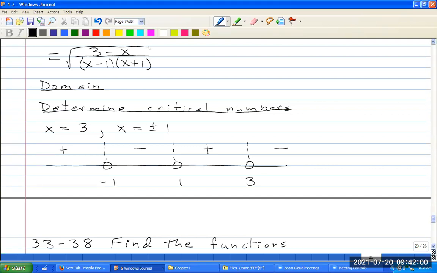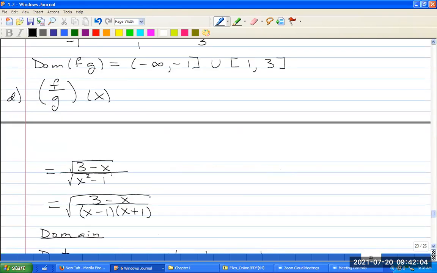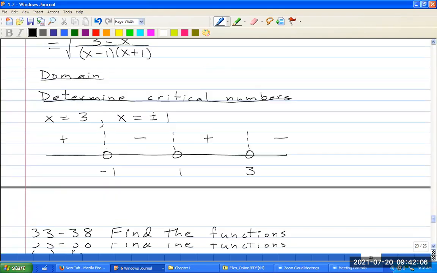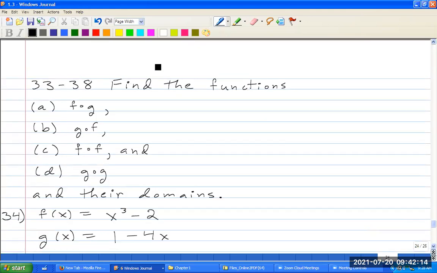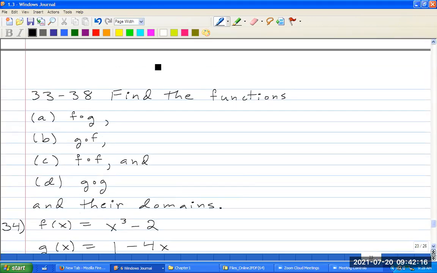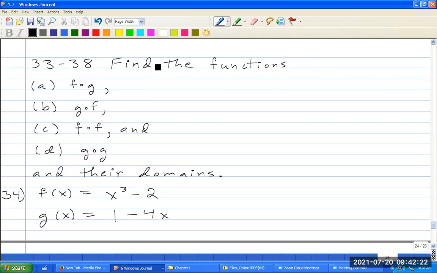We don't want to take the square root of a negative number. I should have said that obviously we want this to be greater than or equal to 0. Actually, I need another page anyway, so I'm just adding another page. Okay.